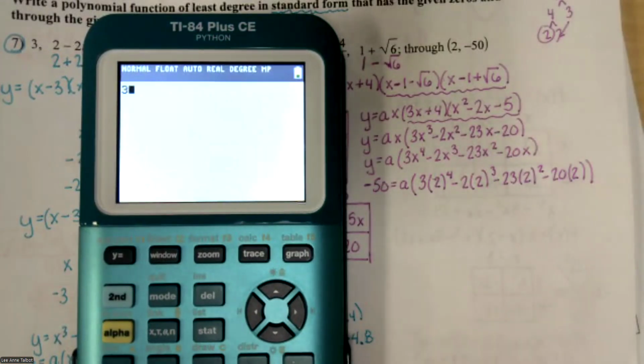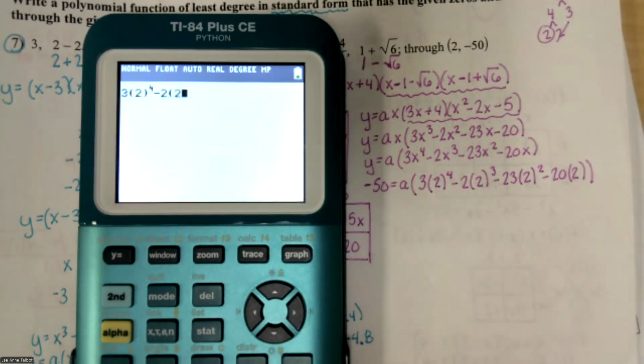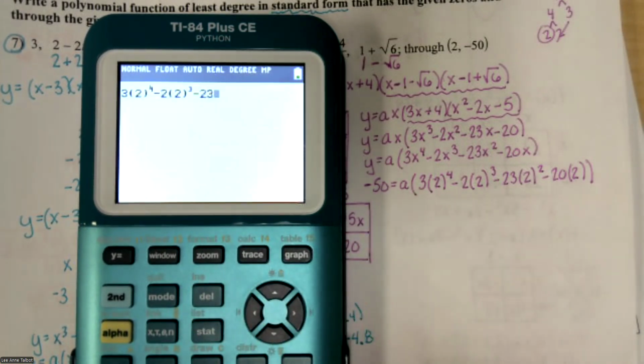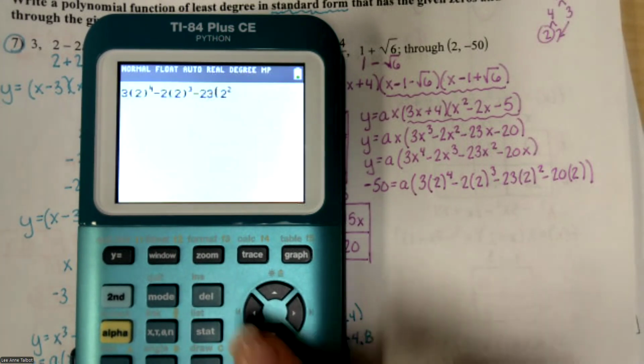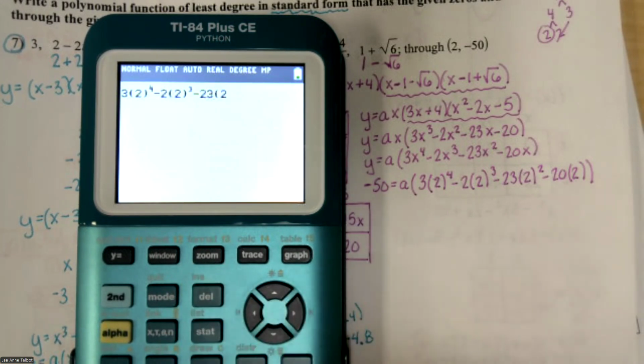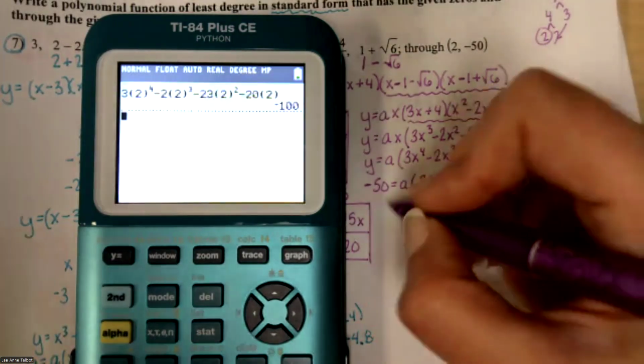Okay, 3 times 2 to the 4th minus 2 times 2 to the 3rd. See, that's why I have low trust. Minus 23 times 2 squared. Is everything okay? Oh, that was excitingly satisfying.